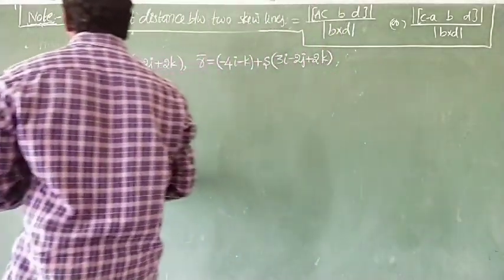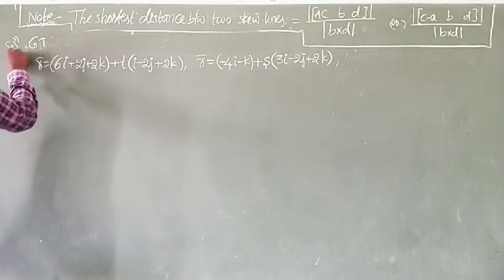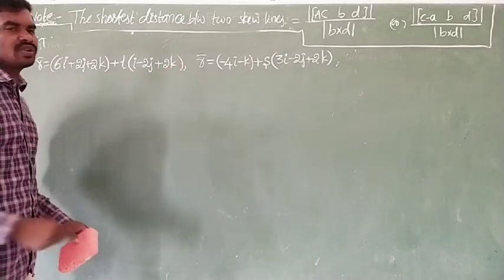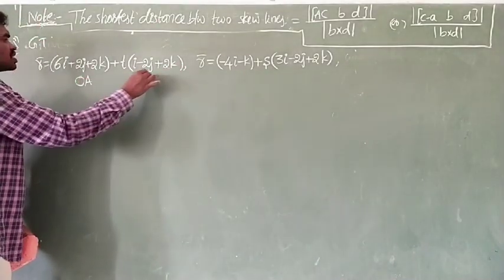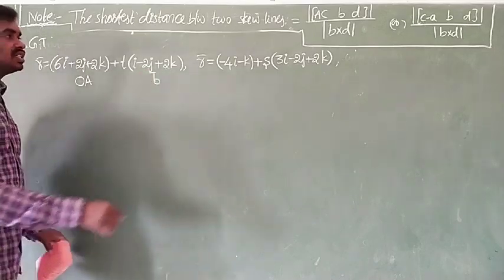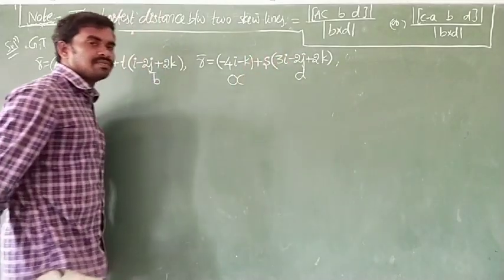I am just writing the given data. Two vectors are given. This is taken as the point OA, this is taken as vector small b. This is taken as point capital C, this is taken as vector small d. Why?